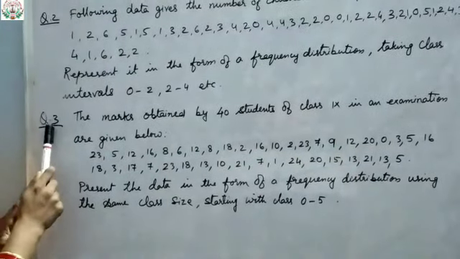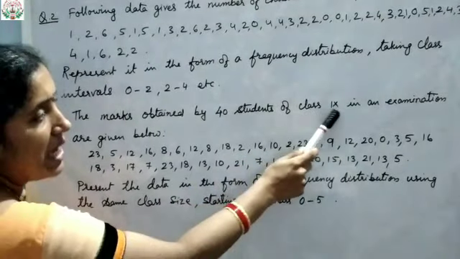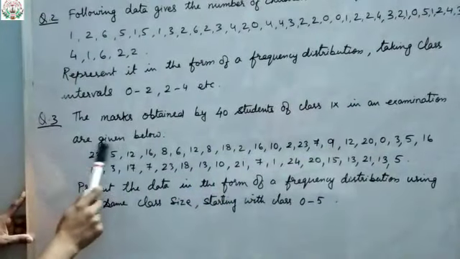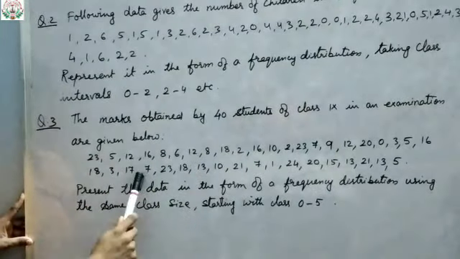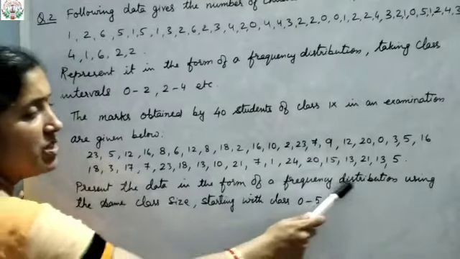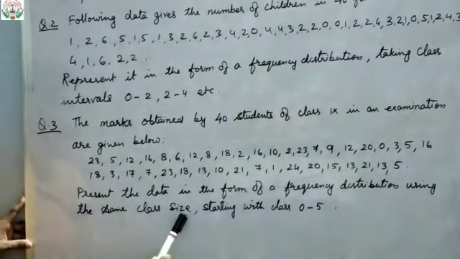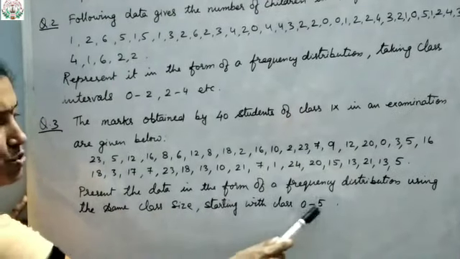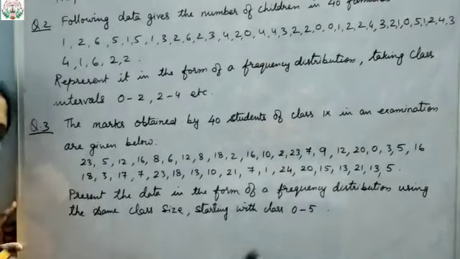Same way, now question number 3: the marks obtained by 40 students of class 9 in an examination are given below. So these are the marks obtained by 40 students. Prepare the data in the form of a frequency distribution table with class size starting with 0 to 5. That means you will be writing 0 to 5. You have to make 3 columns.